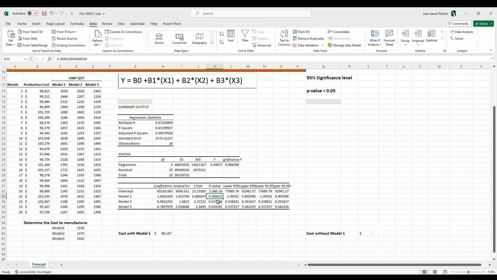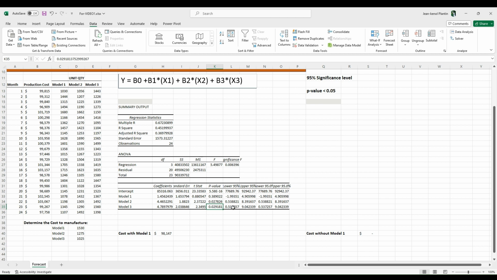And when you look at the p-value for model 2, it's statistically significant because it's less than 0.5. And for model 3, it's statistically significant because it's also less than 0.5.